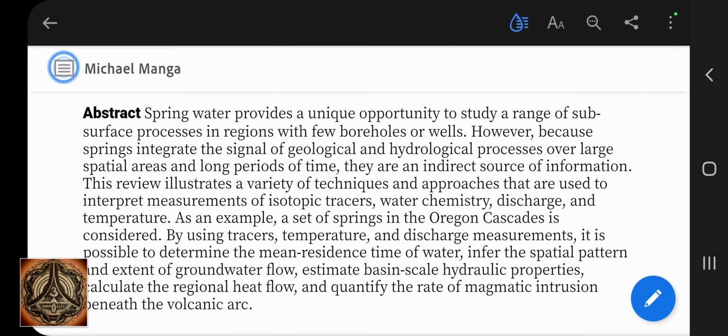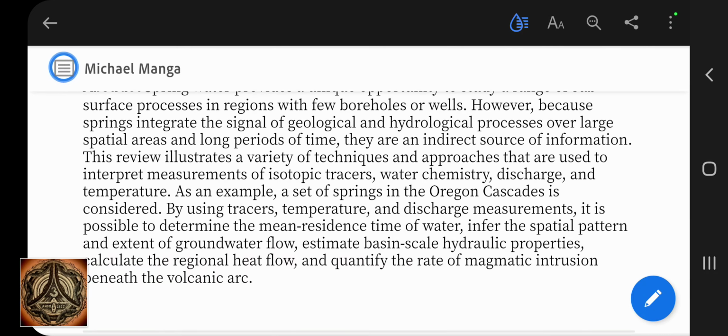Spring water provides a unique opportunity to study a range of subsurface processes in regions with few boreholes or wells. However, because springs integrate a signal of geological and hydrological processes over large spatial areas and long periods of time, they are an indirect source of information. This review illustrates a variety of approaches that are used to interpret measurements of isotopic tracers, water chemistry, discharge, and temperature.